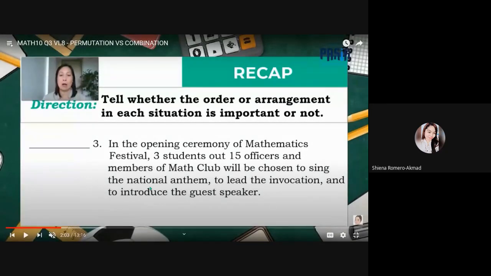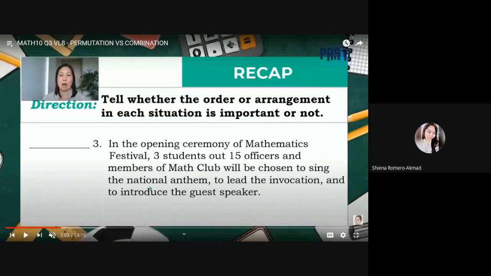Number 3, in the opening ceremony of the Mathematics Festival, 3 students out of 15 officers and members of the Math Club will be chosen to sing the national anthem, to lead the invocation, and to introduce the guest speaker. Is order important or not? Important. Why?